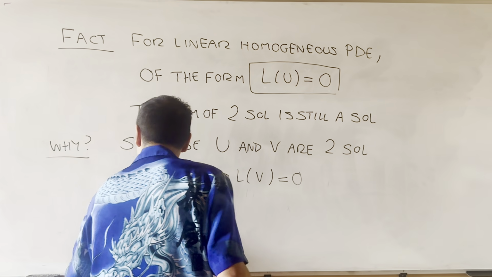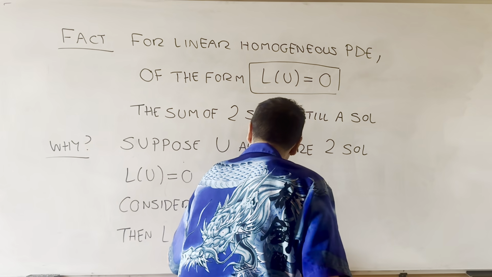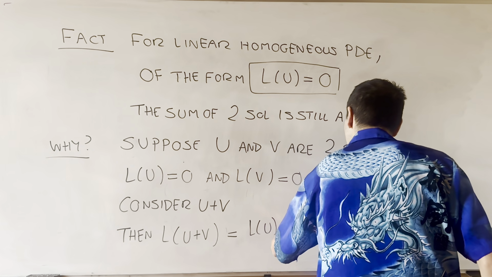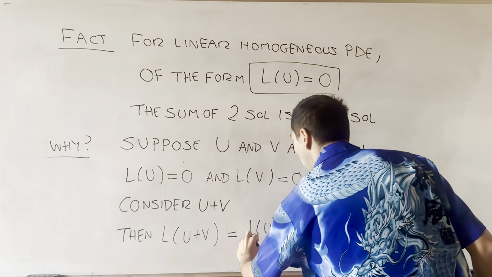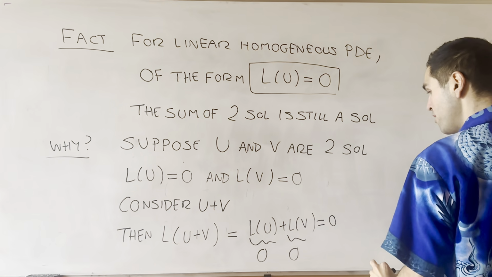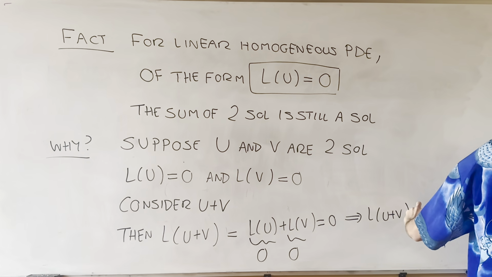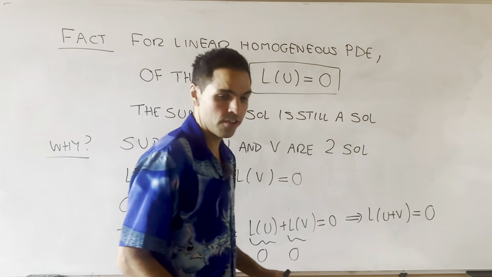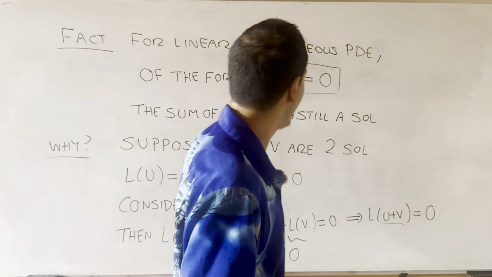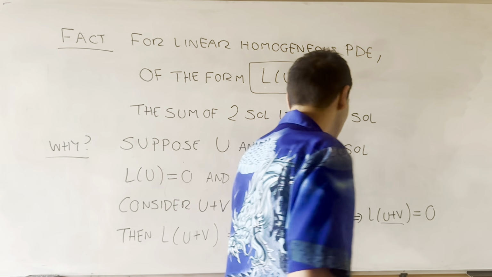Well, what do we know? L of (u plus v) is L u plus L v, but we know L u is 0, L v is 0, so this is 0. So what does that tell us? It tells us that L of (u plus v) is 0. So in other words, u plus v satisfies our PDE, and all this means is that u plus v is a solution.